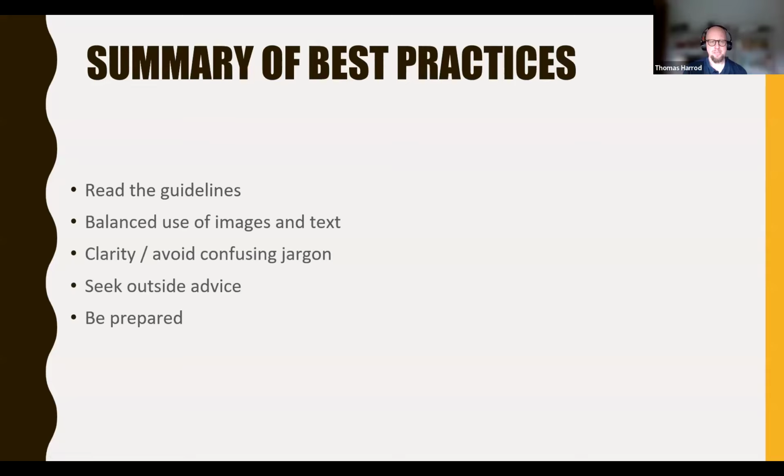So my summary of best practices: read the guidelines, understand what's expected, because it's not always the same from event to event. Have a balanced use of images and text with a healthy amount of blank space, because you don't want your poster to be just visually overwhelming, because that doesn't really attract people to come and look at it.